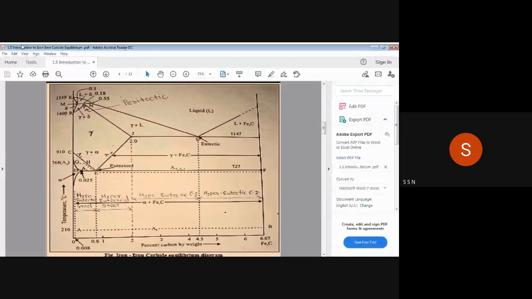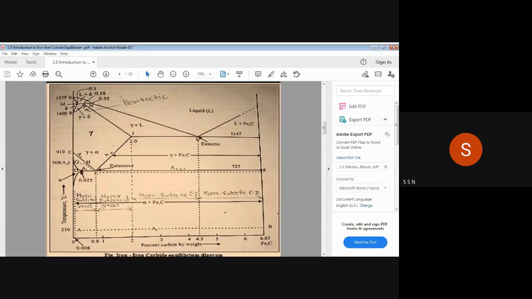Once it is heated up to its melting point, the melting point of iron is nearly 1539, and after converting it into complete liquid, we start to cool it. While cooling, we get different phases with respect to temperature and also with respect to percentage of carbon.